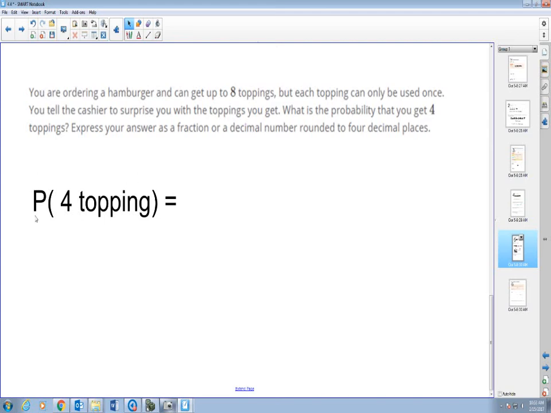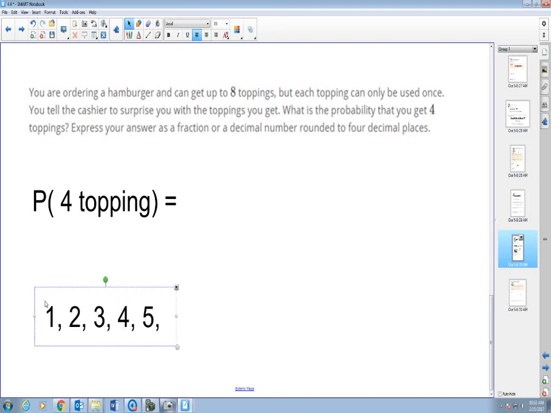Sure I can, just buns. I can have 0 toppings, 1 topping, 2 toppings, 3 toppings, 6 toppings, 7 toppings, or all 8 toppings. This is a very important question. These are the possible scenarios of toppings I can have.